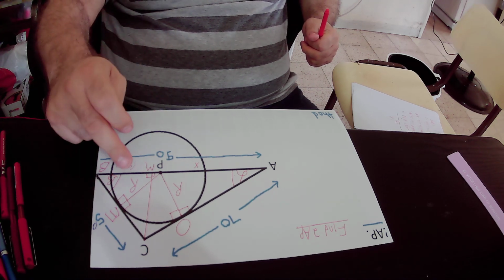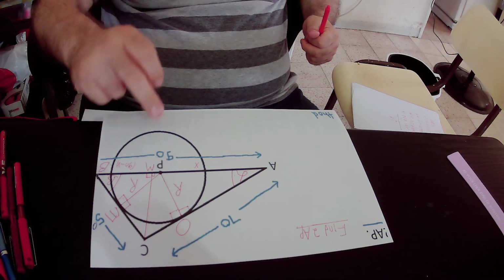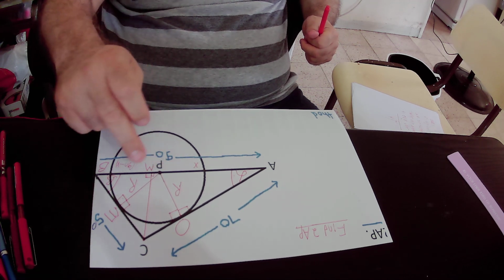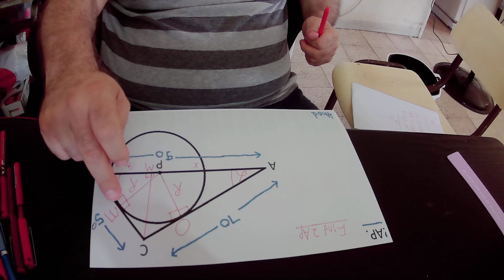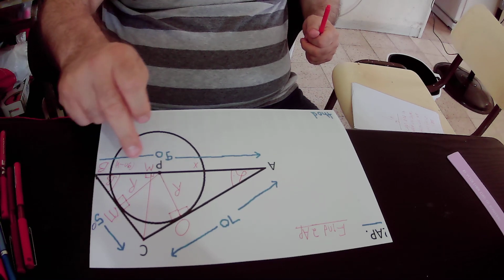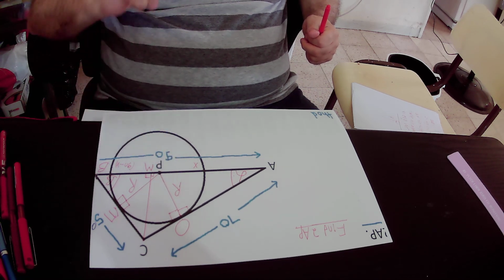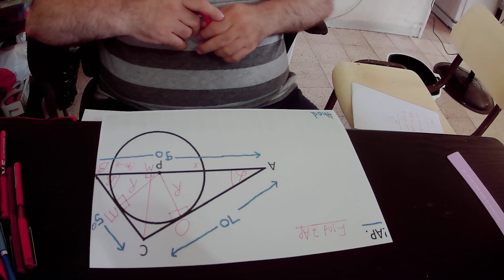PE and PO are the radii of the circle, because they start from the center of the circle and end at a point on the circle.